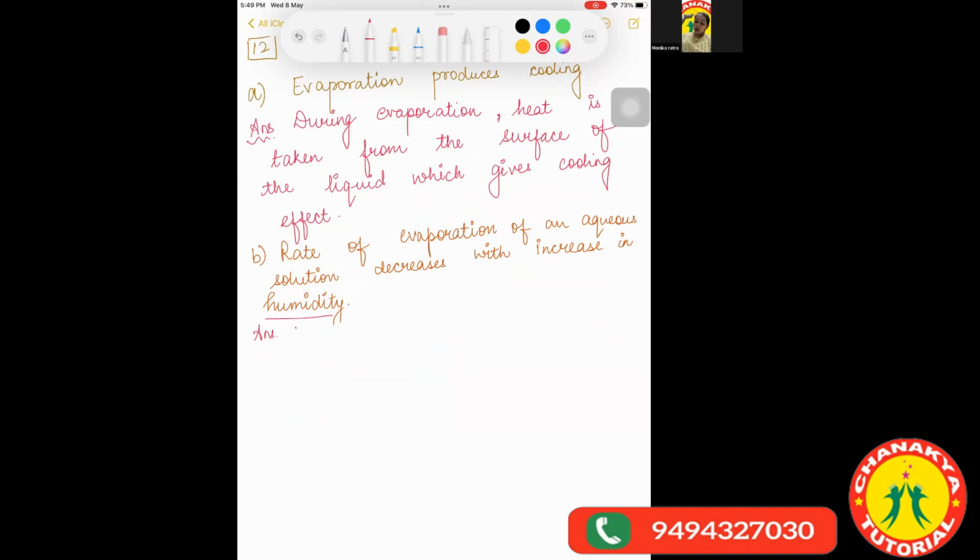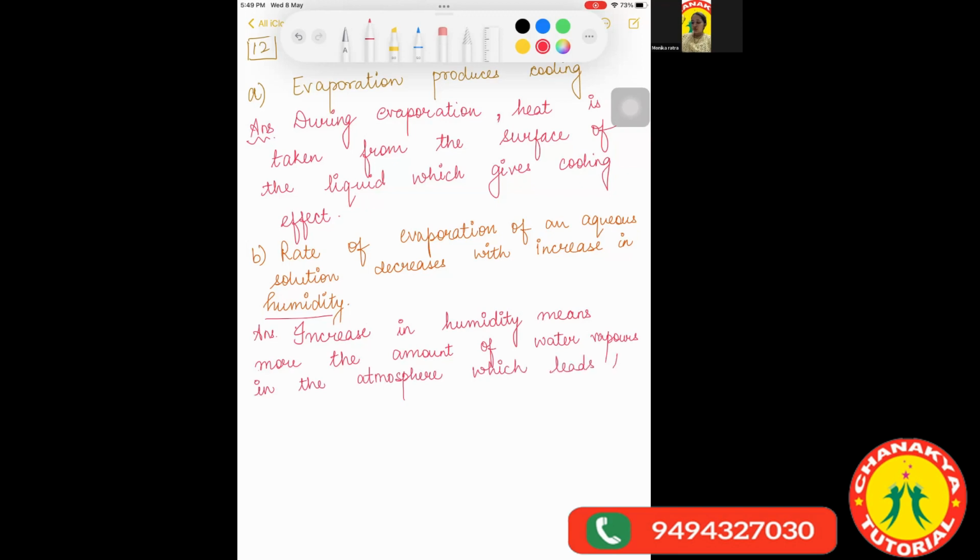Yes. So increase in humidity means more the amount of water vapors in the atmosphere, which leads to decrease in the rate of evaporation.